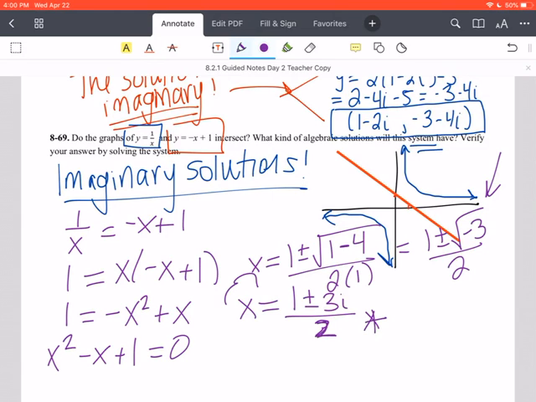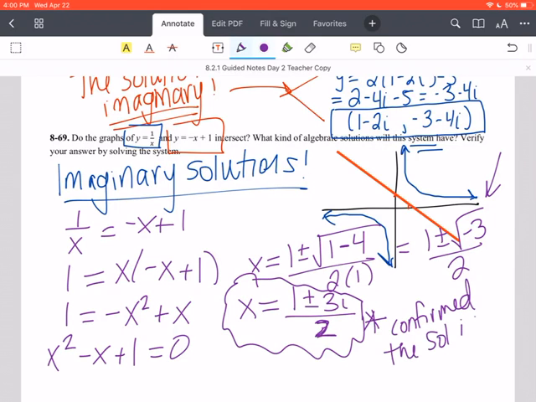Based on this right here, we have confirmed the solution is imaginary, because there is an i.